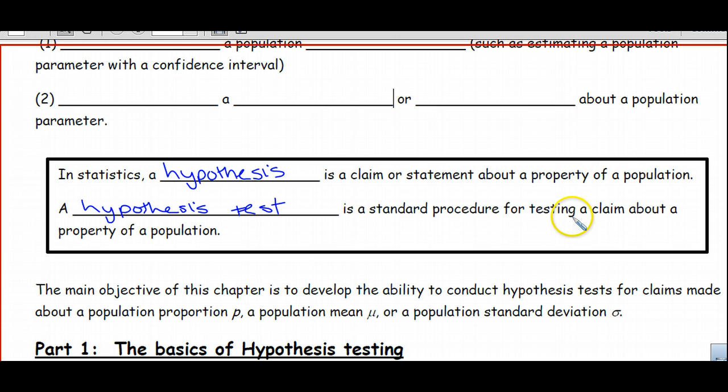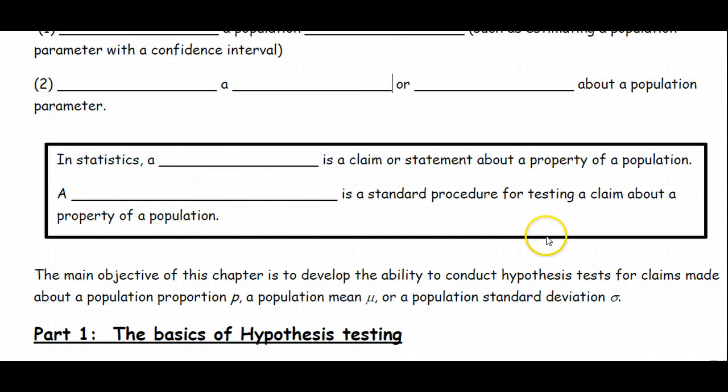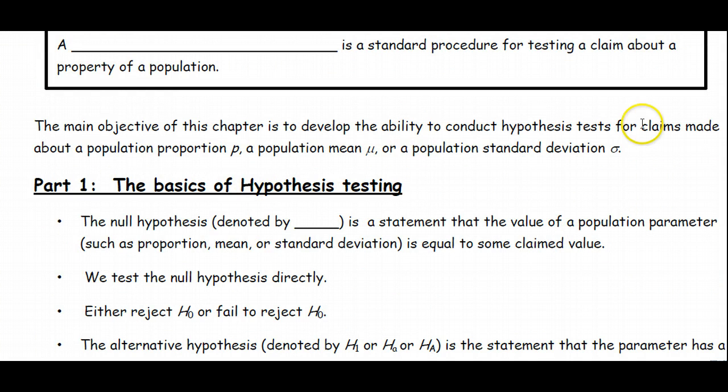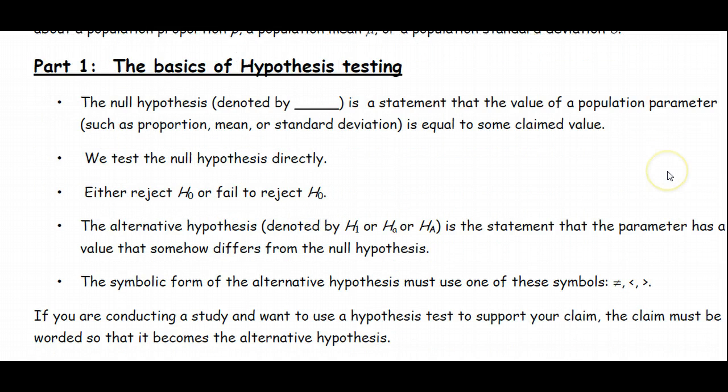So if I say something about the mean of a population or the standard deviation of a population or what percentage of a population, the main objective in this chapter is to develop the ability to conduct these tests for the mean, the population proportion, p, mu, and a standard deviation, sigma.